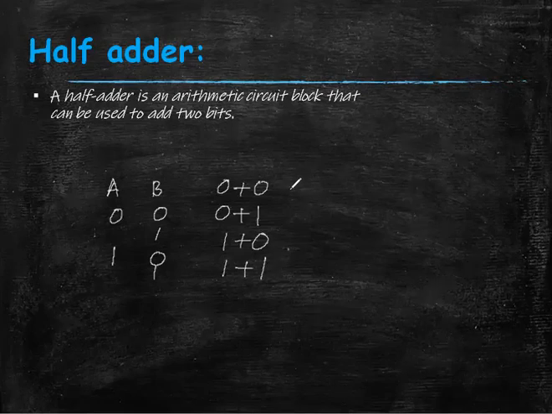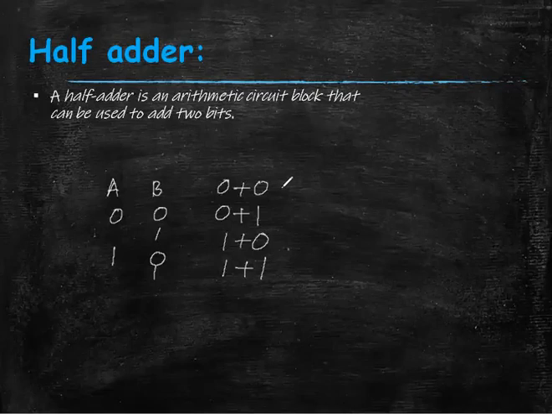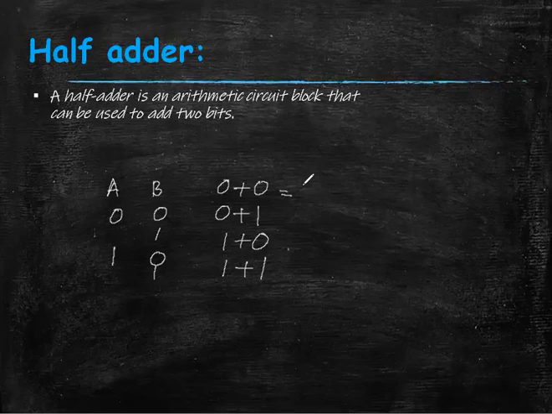And we know that when we add 0 with 0, it is not an OR operation. It is addition of two binary bits. Then when we add 0 with 0, we get the sum as 0, and there is no carry, or carry is 0.